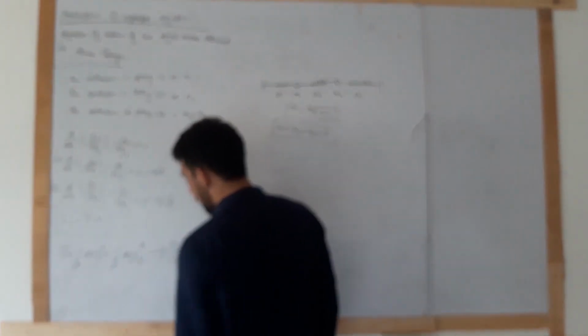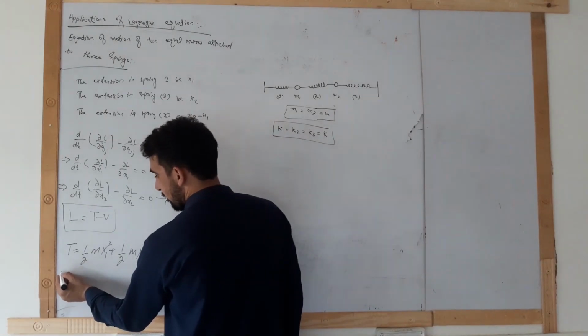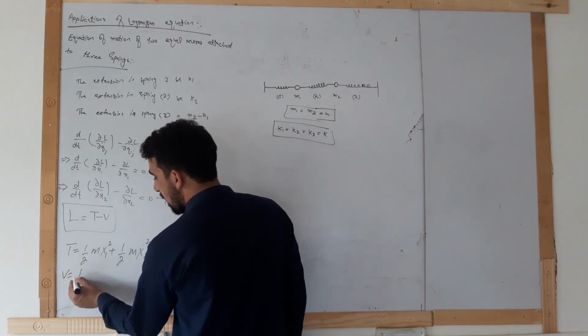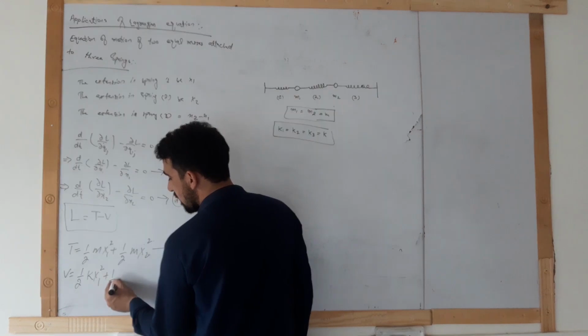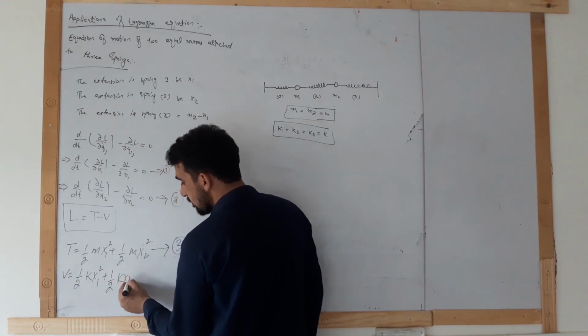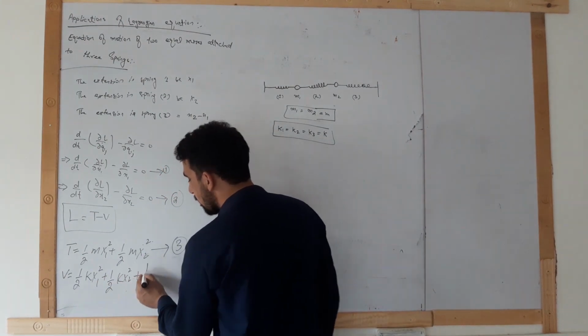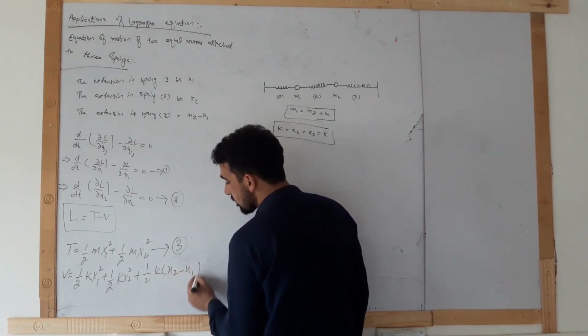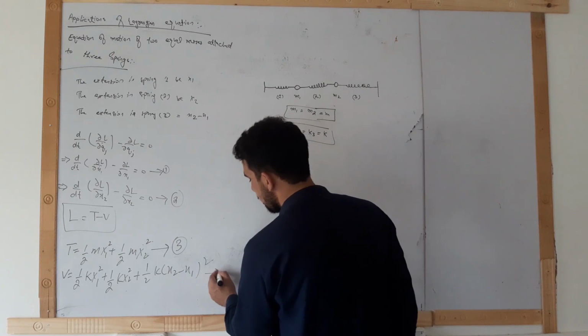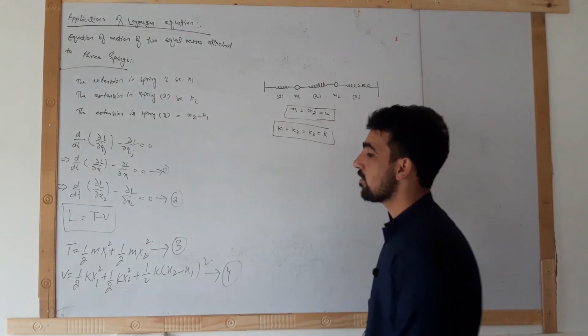Similarly, equation number 4 is the potential energy V, which is half k x1 square plus half k x2 square plus half k times x2 minus x1 square.